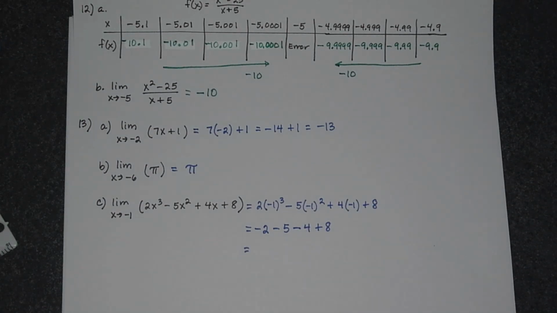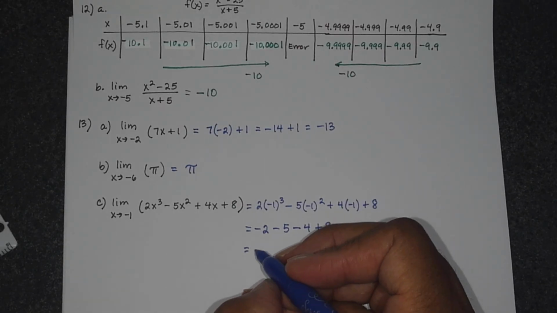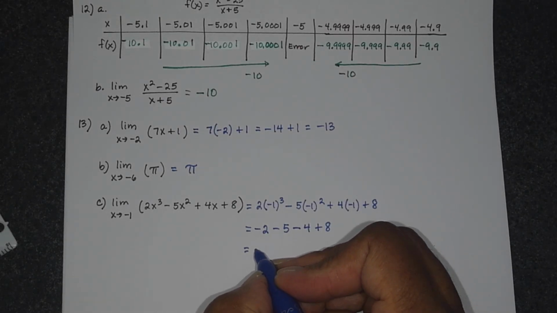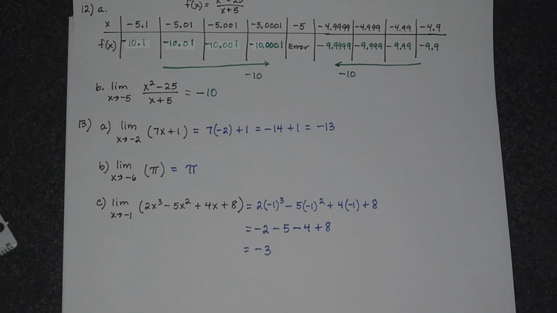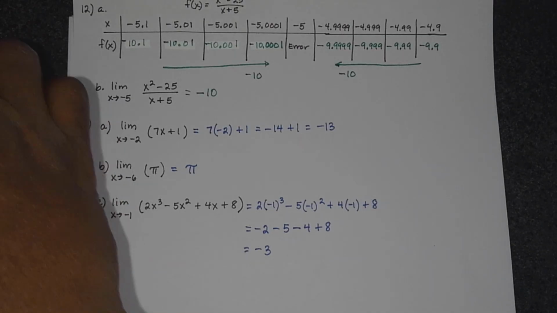Now what's negative 2 minus 5 minus 4 plus 8 equal to? Negative 3. So the limit as x approaches negative 1 of 2x cubed minus 5x squared plus 4x plus 8 would be negative 3. Okay. Are there any questions about part C?